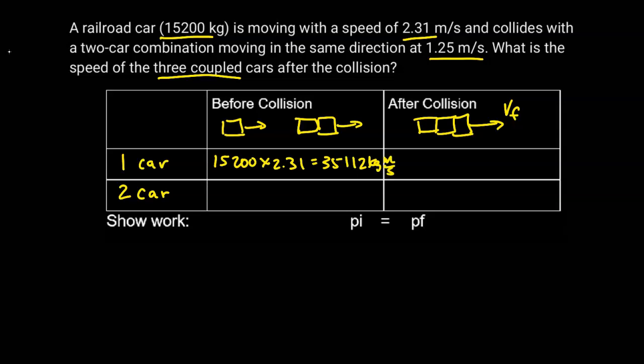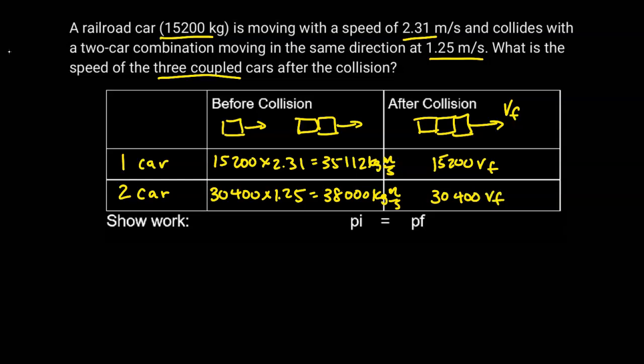And then for the two-car system, they're going to have the same mass, so it's 30,400 times 1.25, not going as fast, and the total momentum there will be 38,000 kilogram meters per second. After the collision, the one car will have a momentum of 15,200 VF. The two car system will have a total momentum of 30,400 VF.